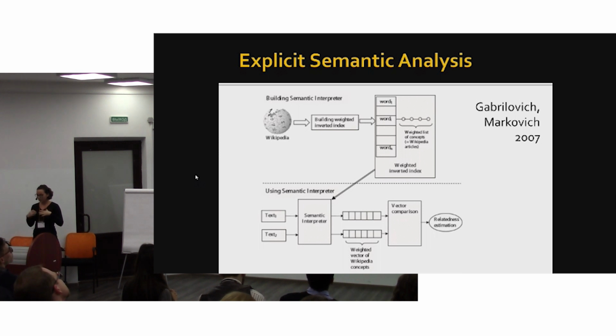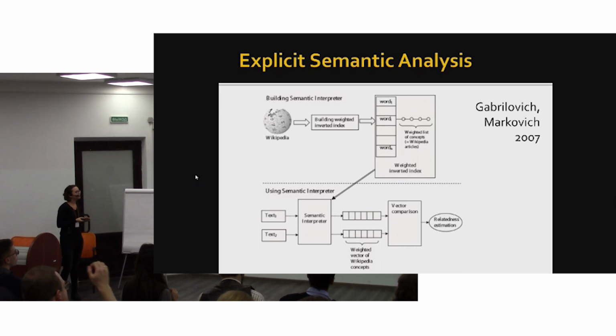Before describing our proposed algorithm, let me explain how explicit semantic analysis works. It was first introduced by Gabrilovich and Markovitch in 2007, and it was tailored to capture semantic relatedness of texts.